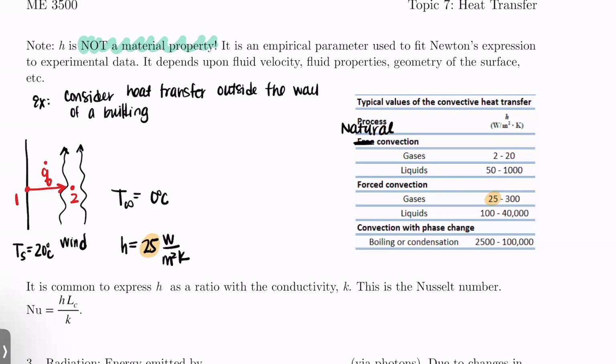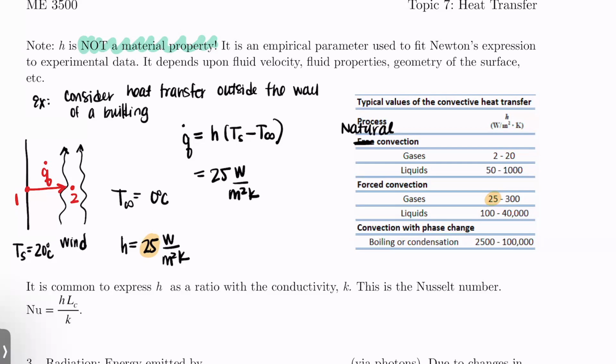So our governing equation is Newton's law of cooling. So we have Q dot is equal to H times Ts minus T infinity. All right, so H we already know is 25, and this is watts per meter squared Kelvin. The difference between temperature, if you use Celsius or Kelvin, will be the same.